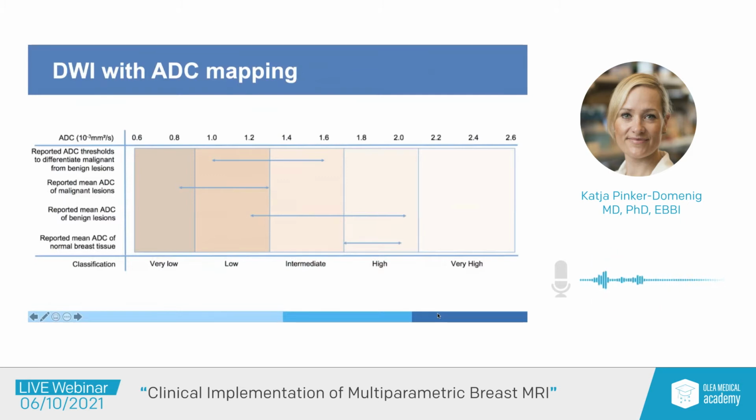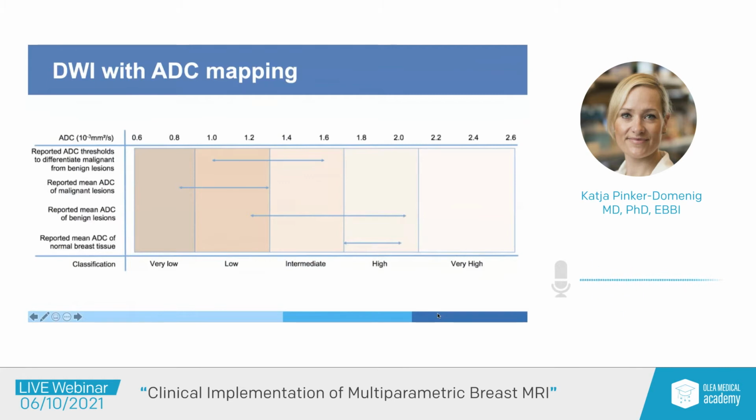There are many studies out there which have slightly different thresholds, but very much the same. In my study, I found that the optimal cutoff for malignancy is 1.25. Other studies have 1.3, other studies have 1.28. So to mitigate that and provide guidance in reporting, we came up with diffusion levels.